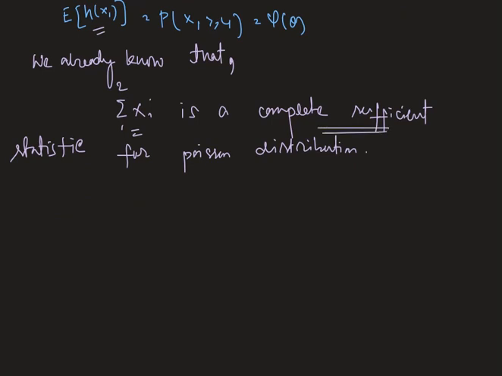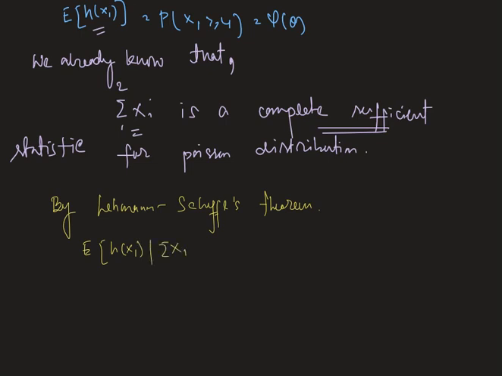Therefore by the Lehmann-Scheffé theorem, the expectation of h(x1) given the sum over xi, 1 to 2, is an UMVUE of psi theta.